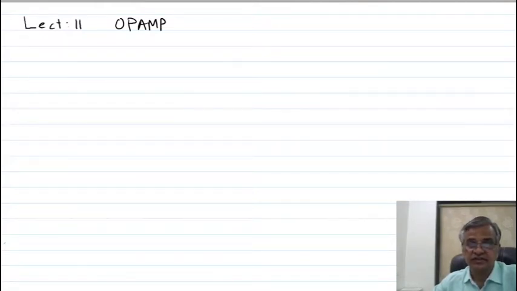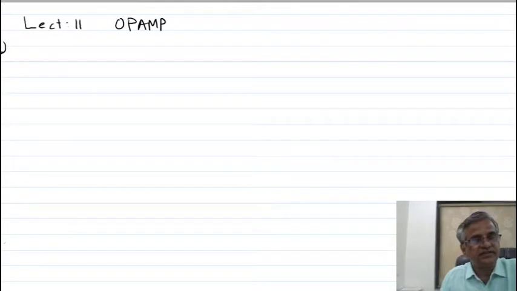We have seen certain numericals of the slew rate, and also we have discussed the importance of the slew rate. Slew rate puts a limit on the frequency and amplitude of the input signal up to which you can operate your op-amp. Today we will see certain circuits that you can prepare from the inverting amplifier.